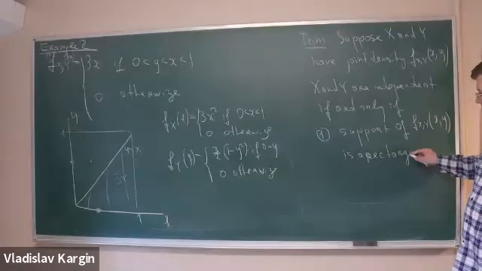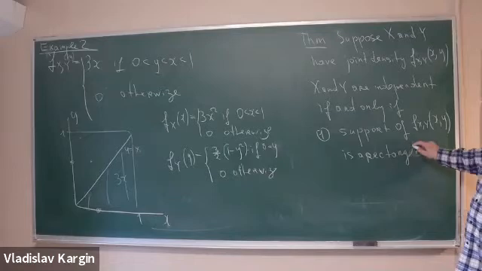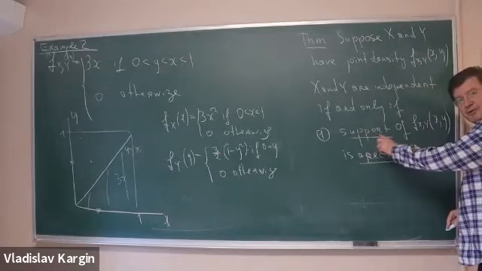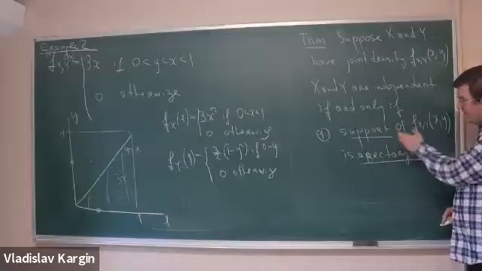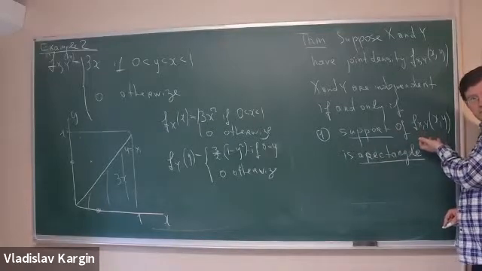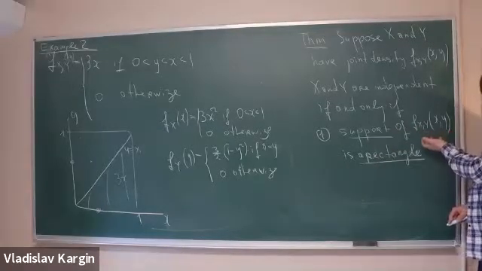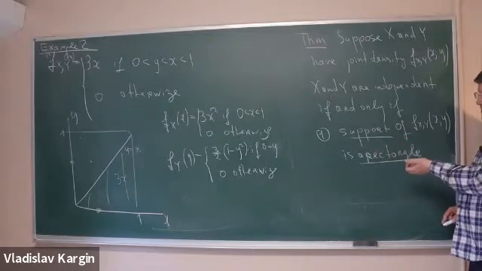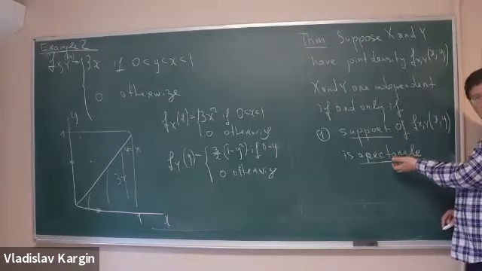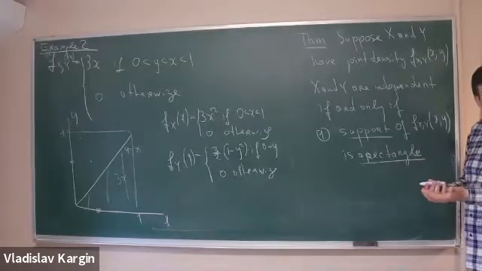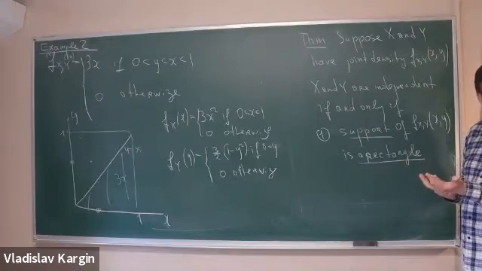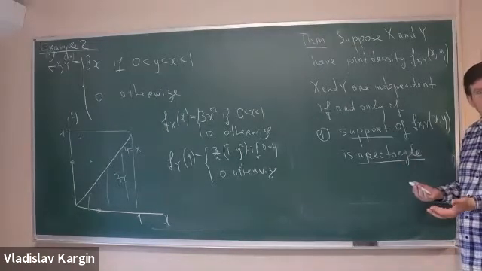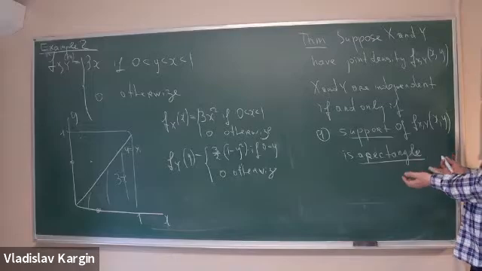Remember that the support is the set of x and y such that this thing is not zero. Rectangle means it's a product of two intervals, so in principle it can be an infinite rectangle. Okay, so this is the first condition.